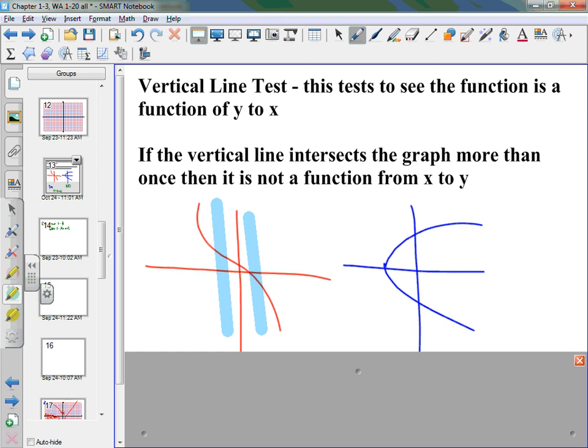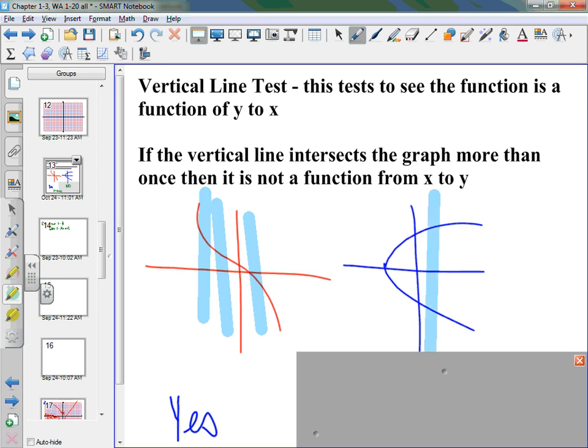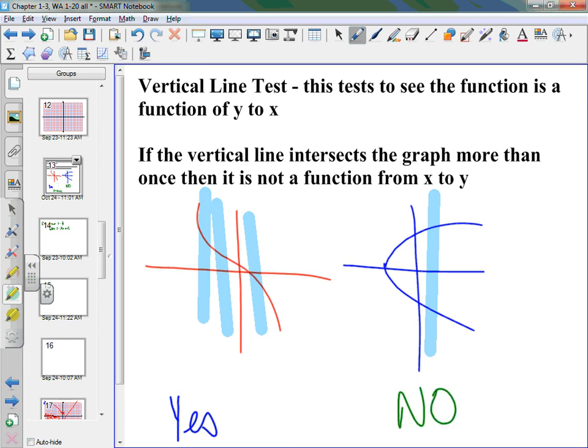Still a function. How about now? Still a function. So this one is a function, right? What about this one? No. Why? Because it intersected twice. Do we understand that? This is like 11 through 16. All you have to do is write yes or no.